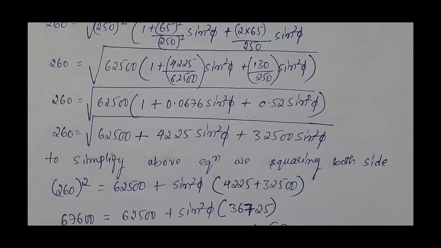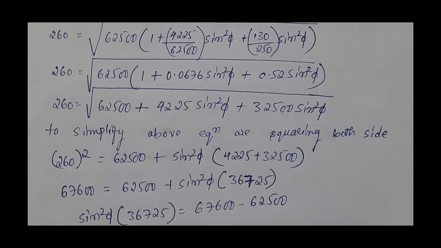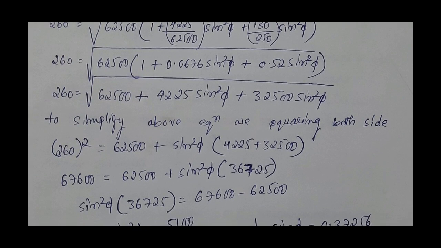To simplify the above equation, I am squaring both sides. The left hand side becomes 260 square, and on the right hand side the square and the root get cancelled. You get 62,500 plus sine square phi as the common term of the second and third terms, times 4,225 plus 32,500.